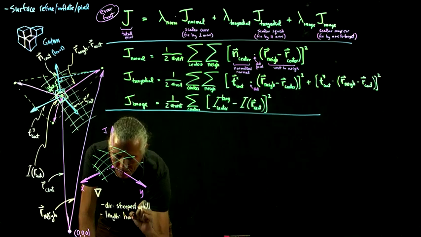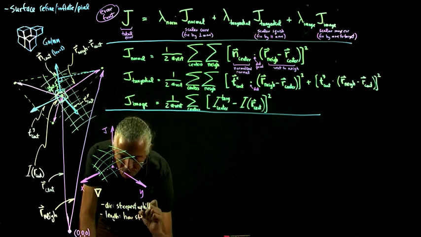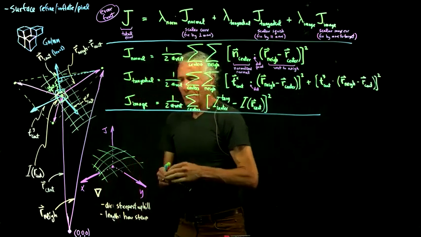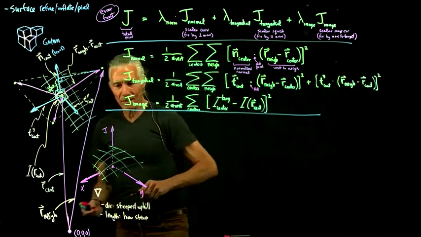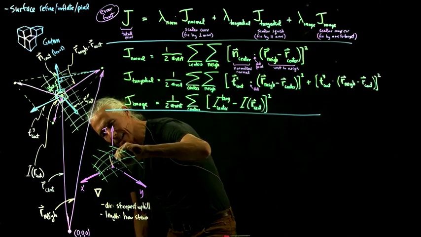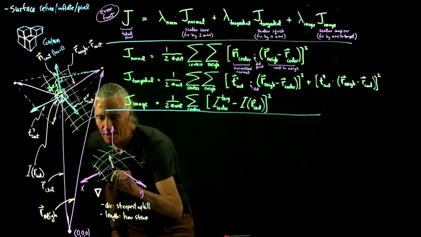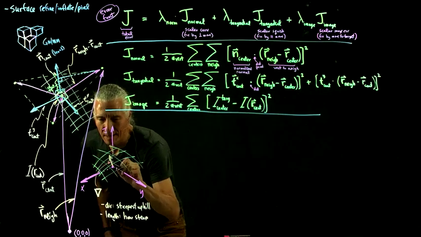How steep. So there's two things to that vector. And so what will that be? That will be a vector in some direction. Say it's that direction. So that's the gradient.